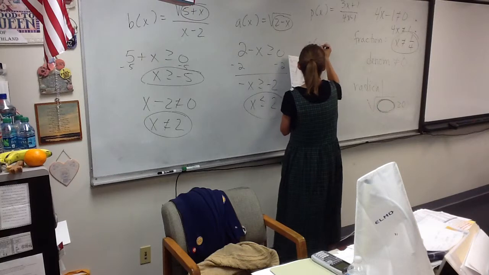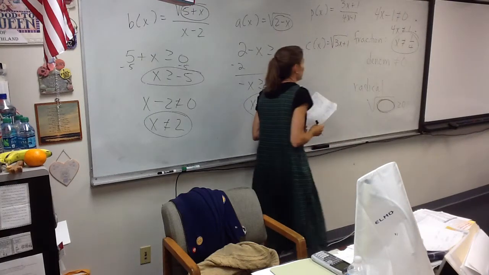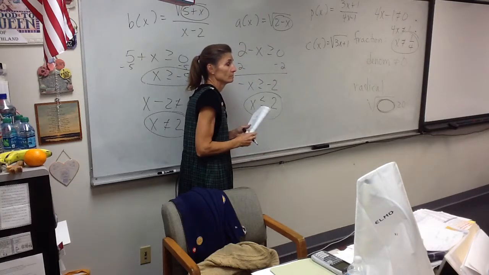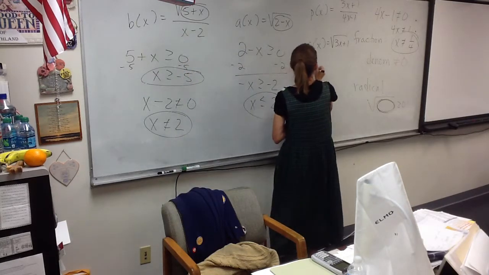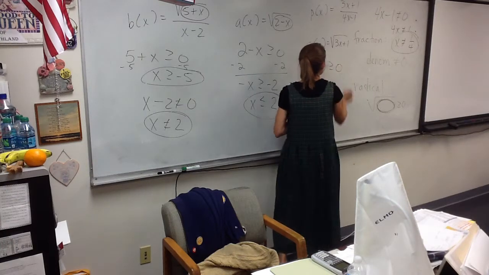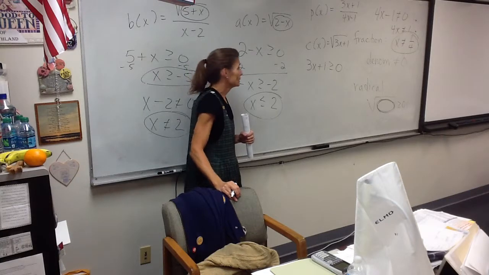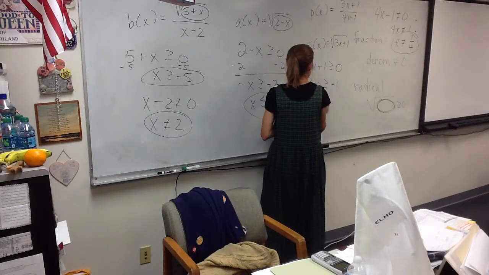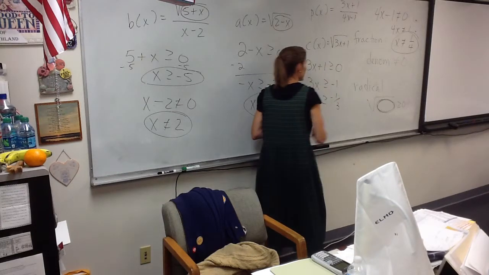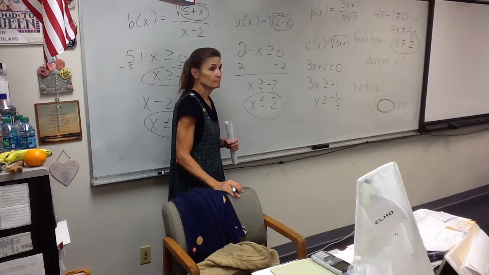And the last one. Greater than or equal to 0. 3x plus 1 has to be greater than or equal to 0. So when I solve that, x has to be greater than or equal to negative 1/3.